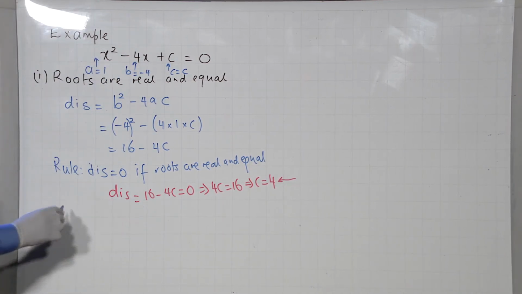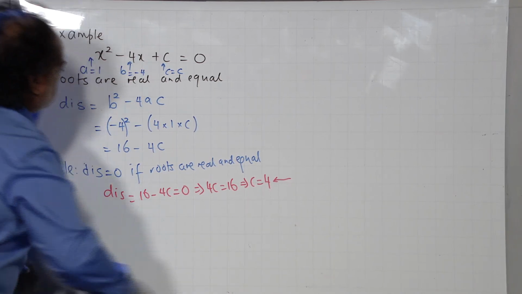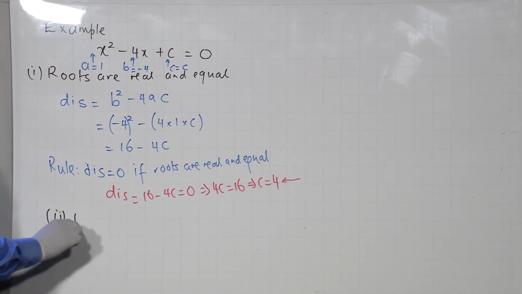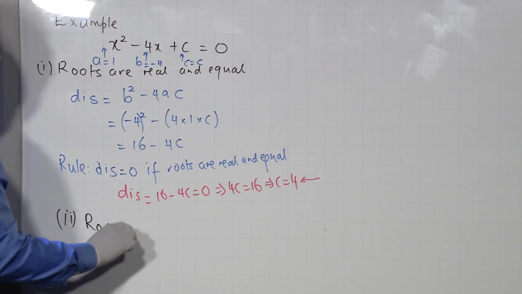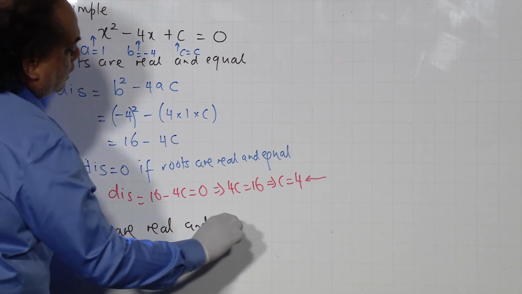What would be the values of C if I want the roots to be real and distinct?